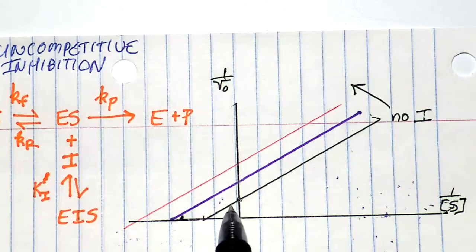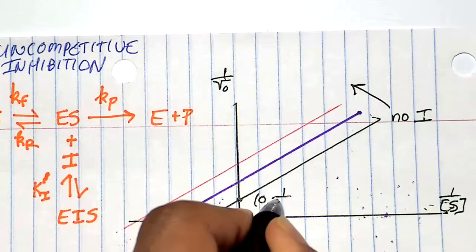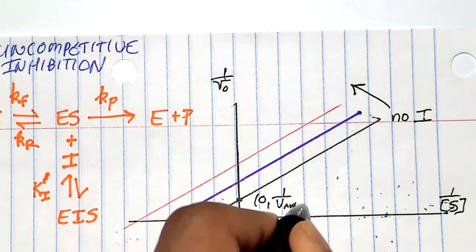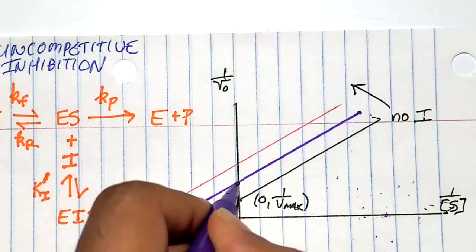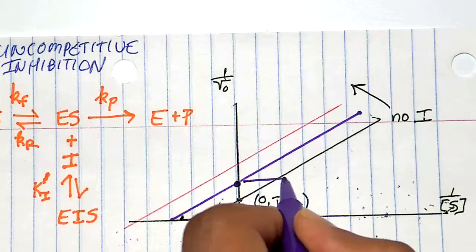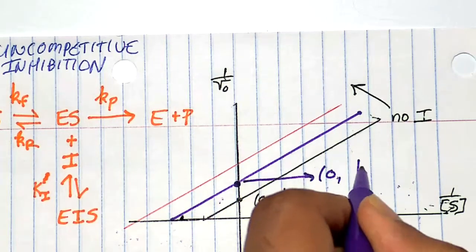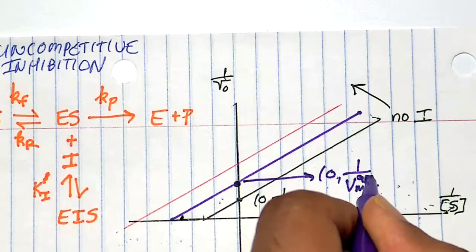Here is our y-intercept with no inhibitor. We call that coordinate 0 and 1 over Vmax. Okay, what about this one here for this uncompetitive inhibitor? That will be 0, 1 over apparent V sub max.